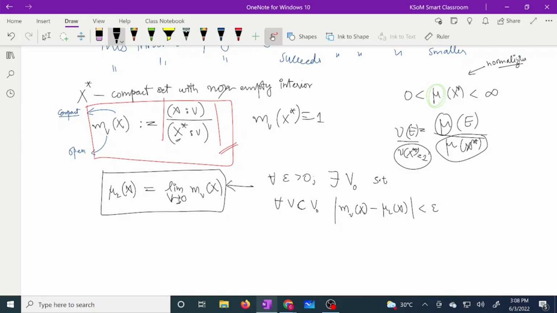Once again I am repeating, v and v0 are open sets for me. This is what I mean by this symbol, this limit.